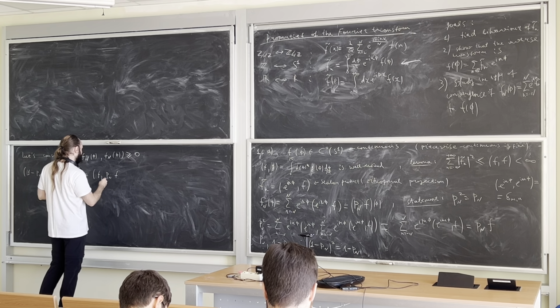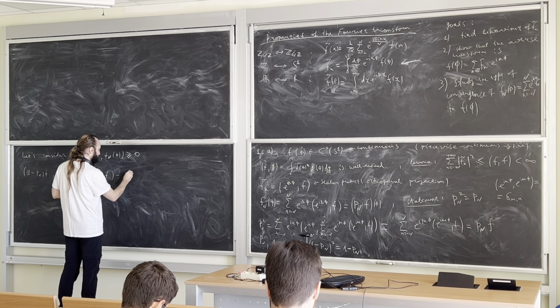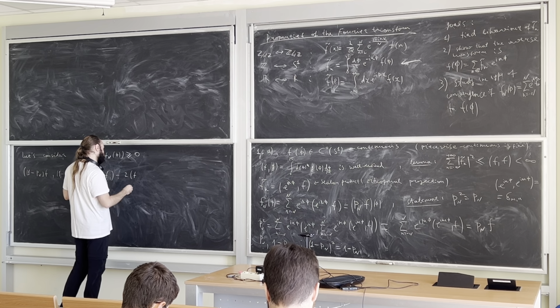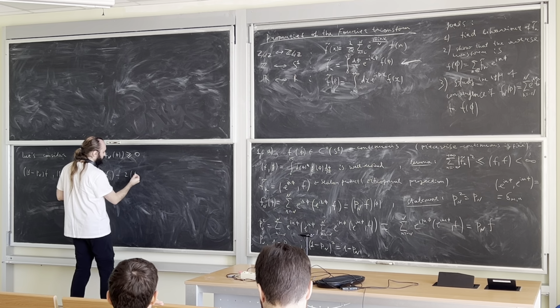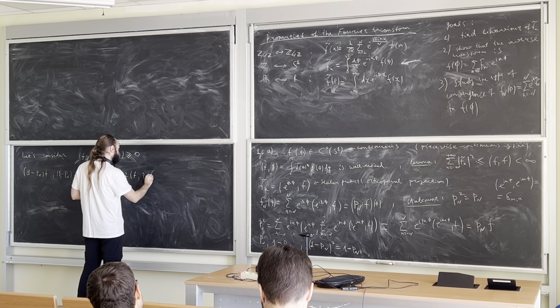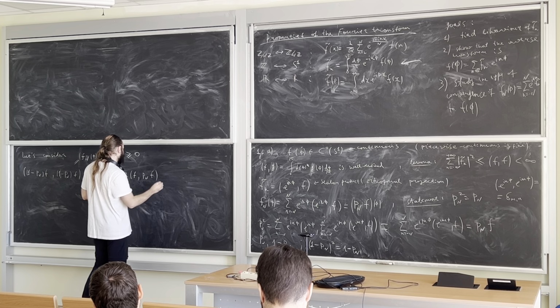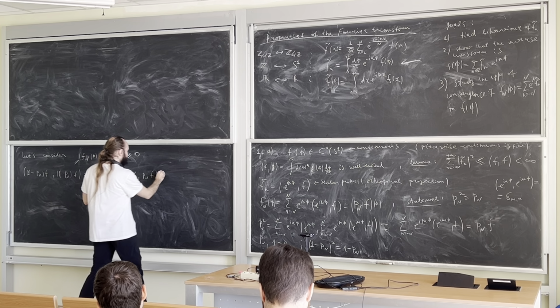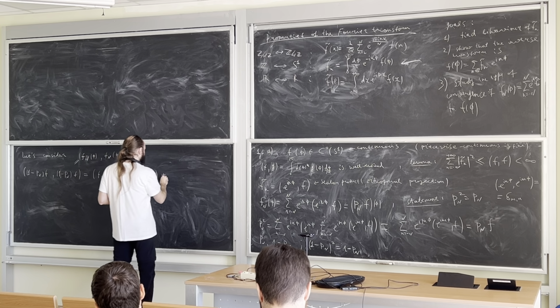Sorry. The scalar product of f, minus 2 times the scalar product of f with the projector acting on f, plus the projector acting on both functions.